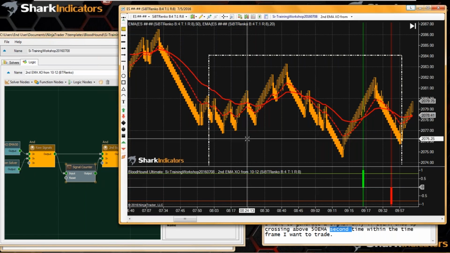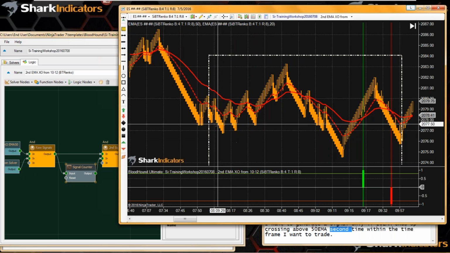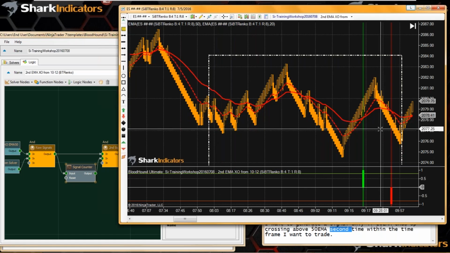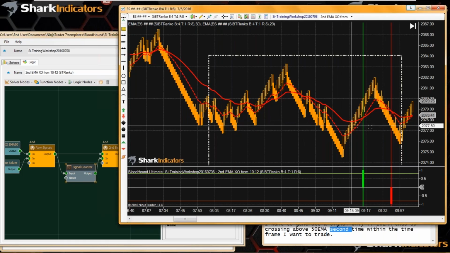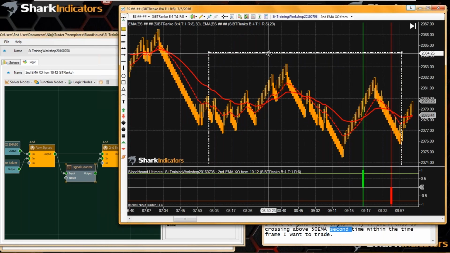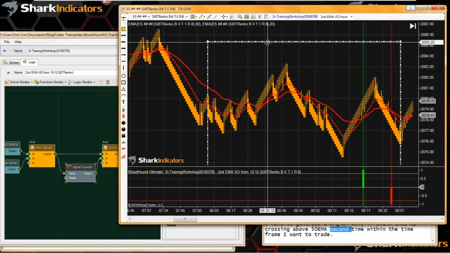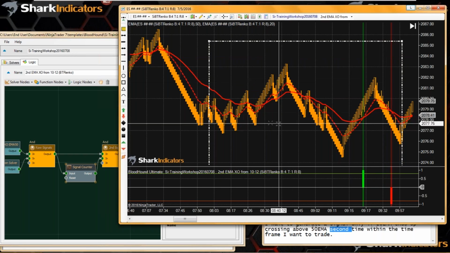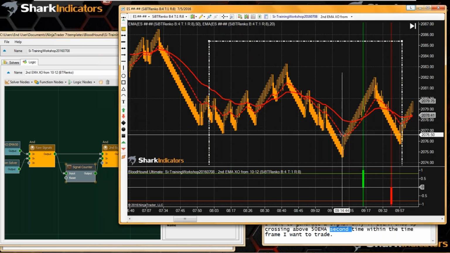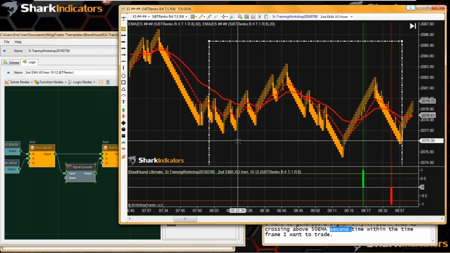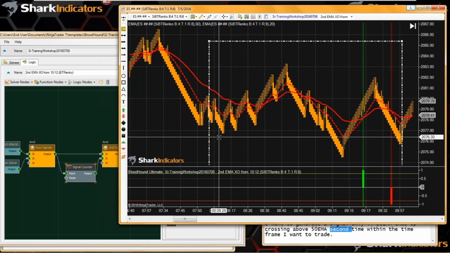So here we are using a non-time based chart, and we need to estimate how many bars there could be within this 2-hour window, right? So I've got my 2-hour window here, and I need to estimate how many bars could there be. On this particular day, it doesn't look like I have too many.